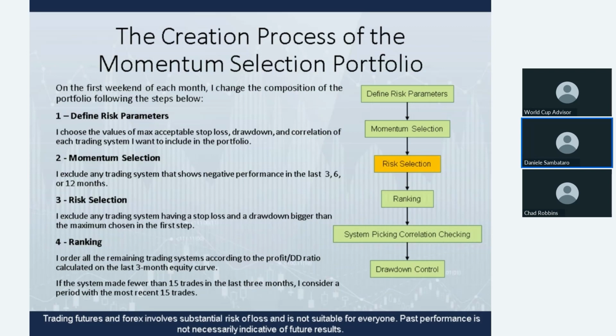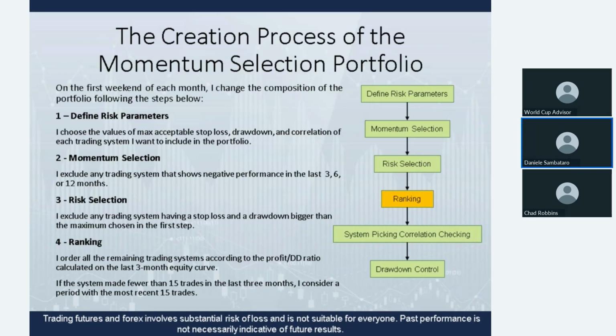After this, all the remaining systems meet the performance and risk profile we require. Anyway, we don't want to trade all of them. In the next two steps, we aim to leave out all the trading systems having performance too correlated with those of a better system.